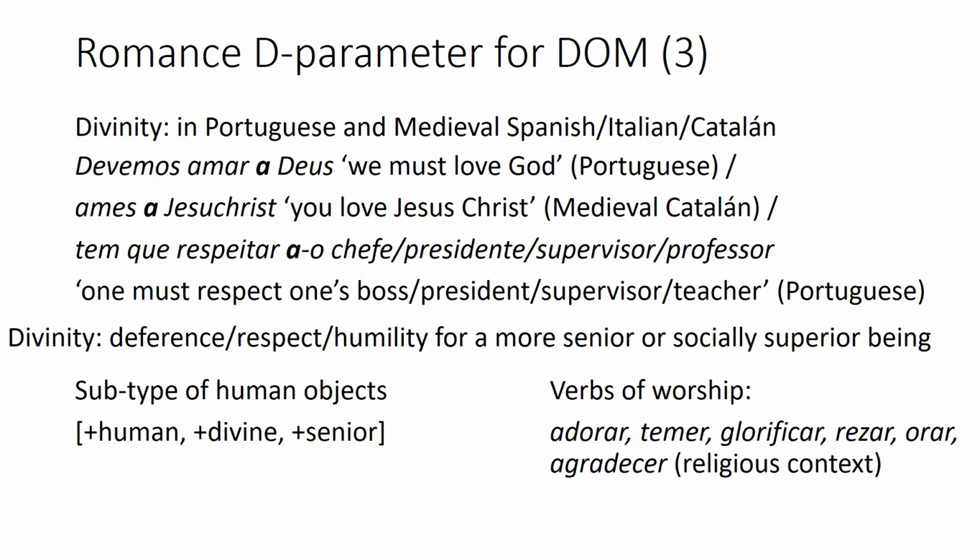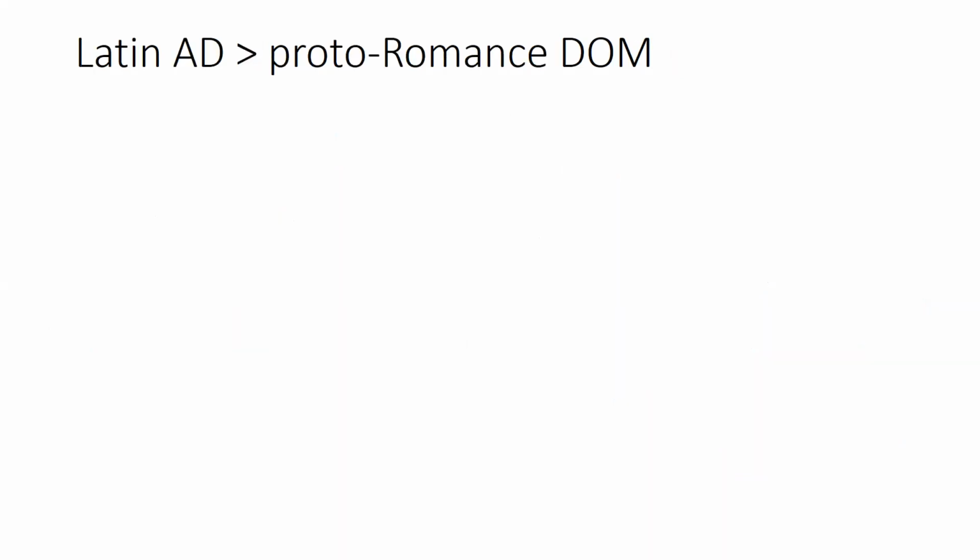So again, we can look at it in terms of the nominal properties and also the verbal properties. If the noun is human, divine, senior, or if the verb denotes some kind of cult or worship. Right.